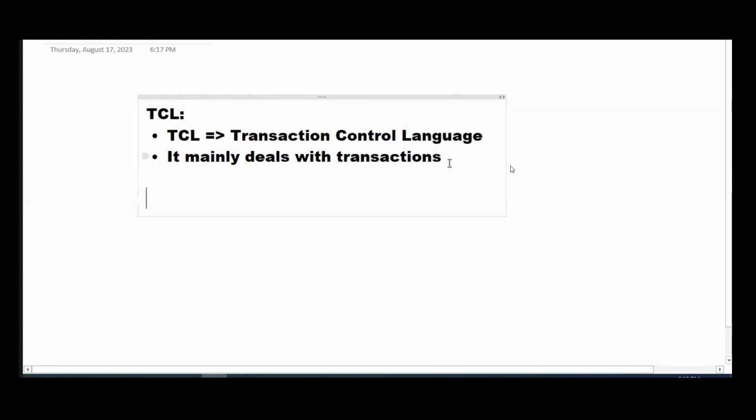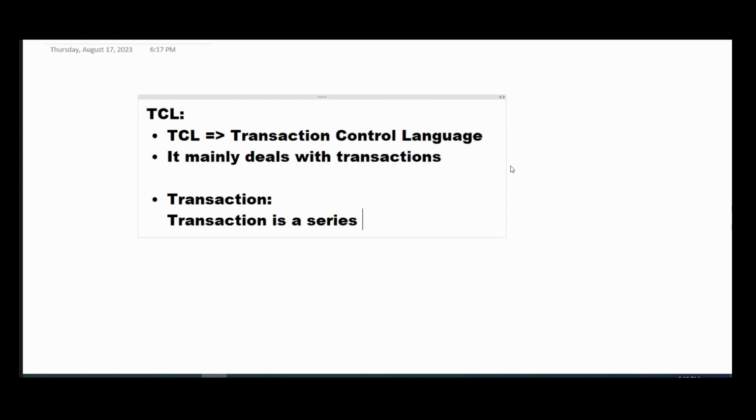In the beginning sessions, in the introduction classes, I already explained what a transaction is. One more time I'm explaining, listen. What is a transaction? Transaction is a series of actions. To perform those actions, we write SQL commands.